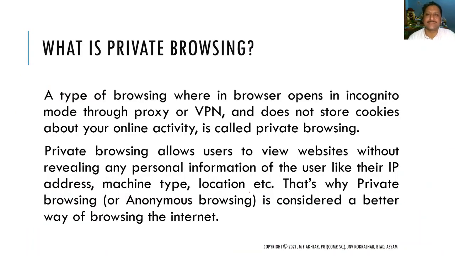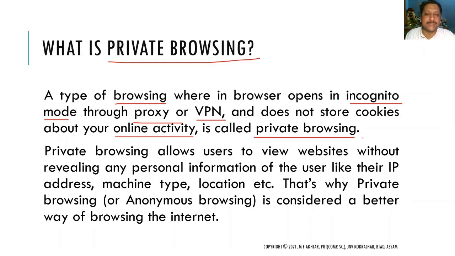Now next, to understand what private browsing is, we are giving you more detail here. Private browsing is a type of browsing where the browser opens in incognito mode. Incognito mode means invisible mode, anonymous mode, private mode, or browsing through a proxy or VPN, a virtual private network, and it does not store cookies about your online activity.